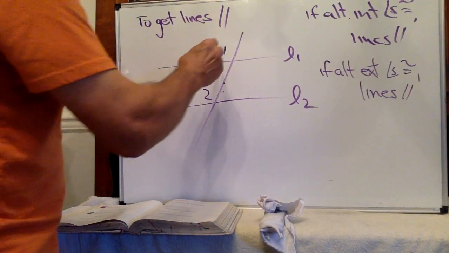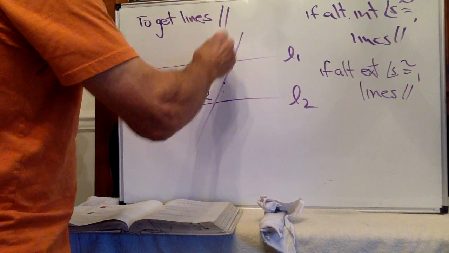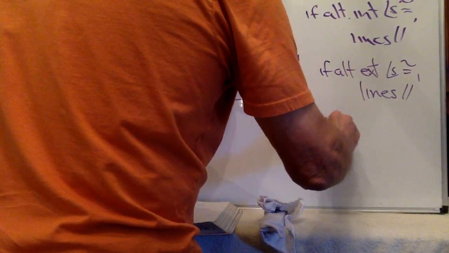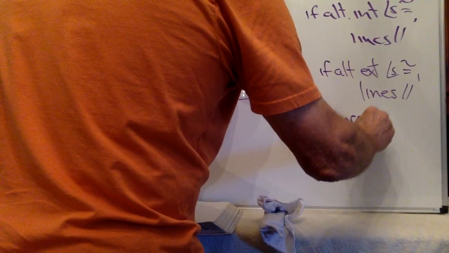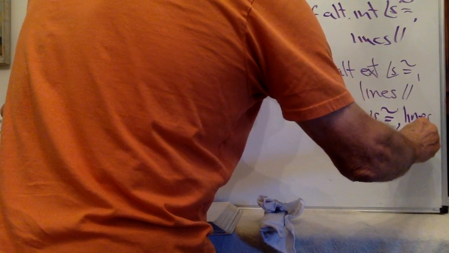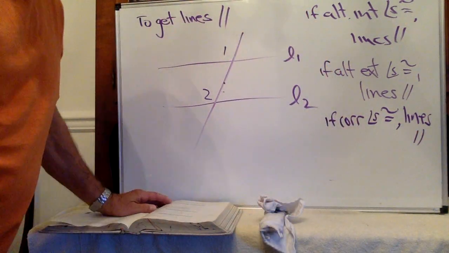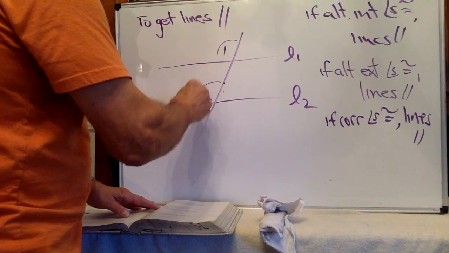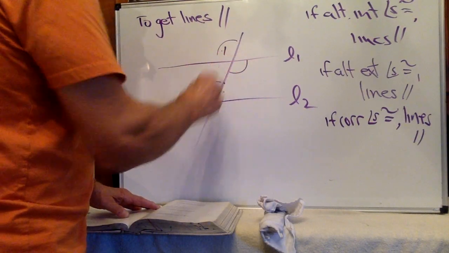Okay. These are a pair of corresponding angles. If you can get a pair of corresponding angles congruent, then lines are parallel. Again, fairly simple. If those are congruent, well, 1 and this angle are congruent.